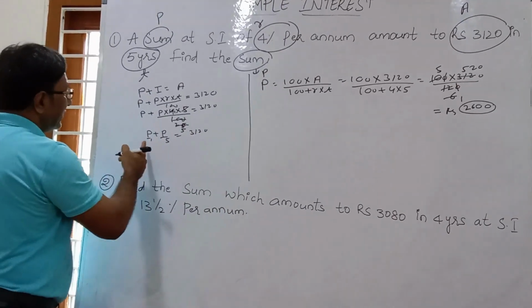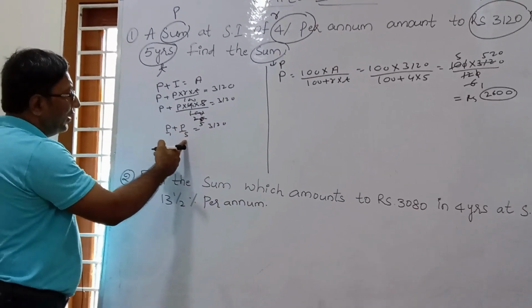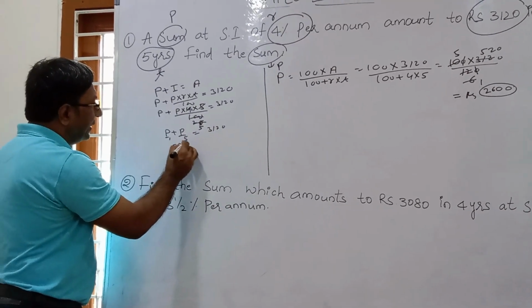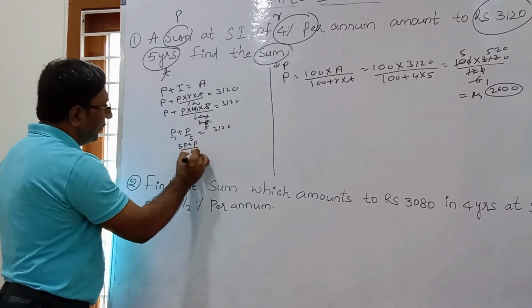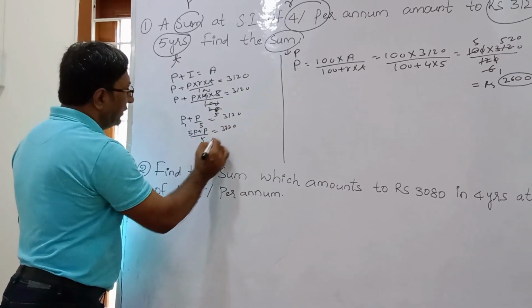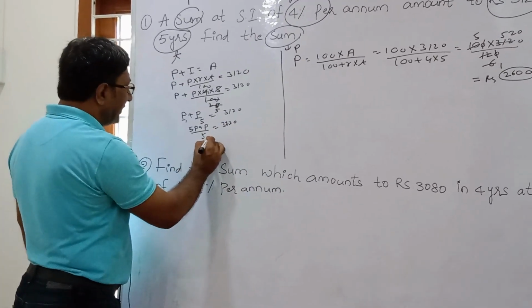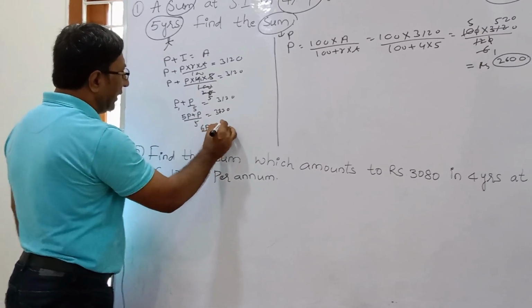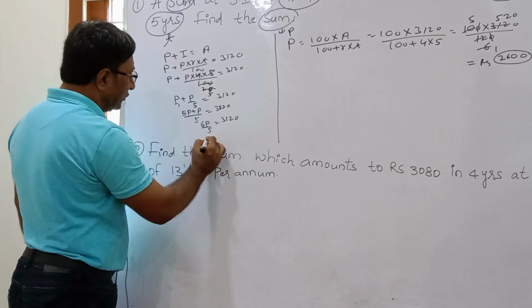Now this is P by 1 and this is P by 5. LCM is 5, so 5P plus P upon 5 equals 3120. 5P plus P is 6P, so 6P upon 5 equals 3120.